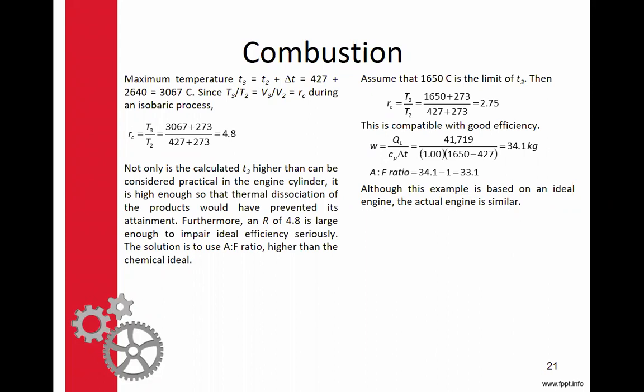So this is high compared to the actual. Not only is the calculated T3 higher than can be considered practical in the engine cylinder, it is high enough that the thermal dissociation of the product would have prevented its attainment. Furthermore, an R sub C of 4.8 is large enough to impair ideal efficiency seriously. The solution is to use a power ratio higher than the chemical ideal.